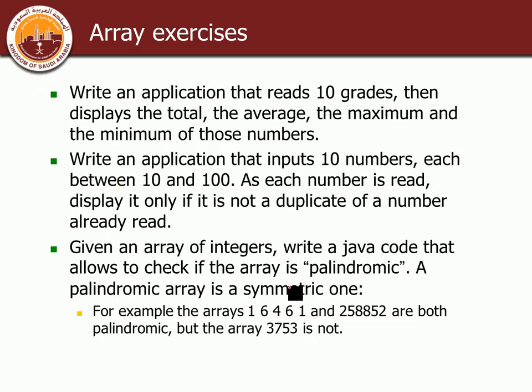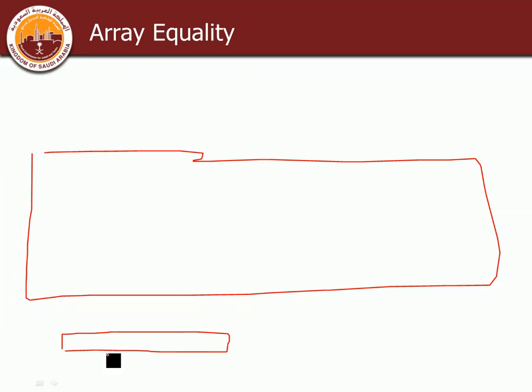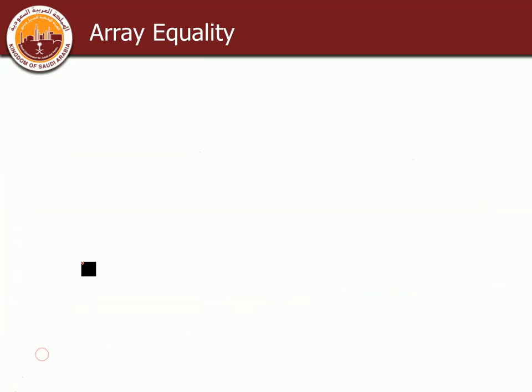Let me have my whiteboard. So we had S1, right? S1 was pointing to this array that has some values, let's say 0 and 1.